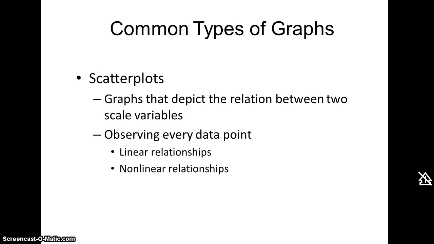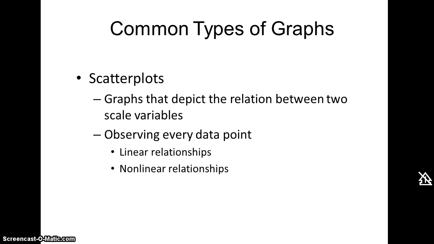Scatter plots are graphs that depict the relationship between two different scale variables. So we're talking about two continuous variables that are either on an interval or a ratio scale. We observe every data point, and on the x-axis we plot one of the variables, and on the y-axis we plot the second variable.